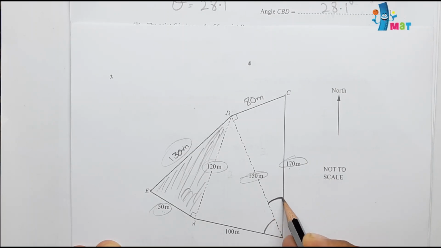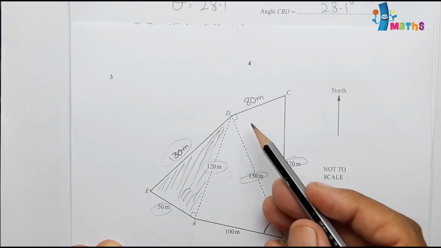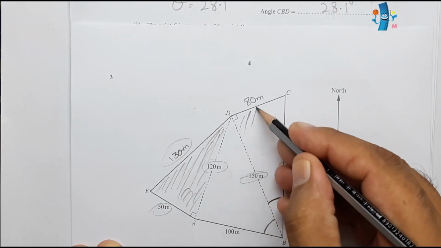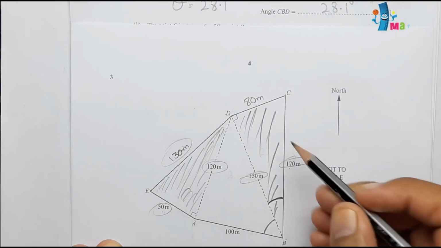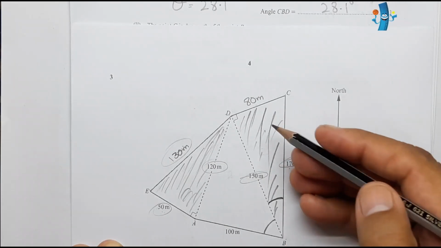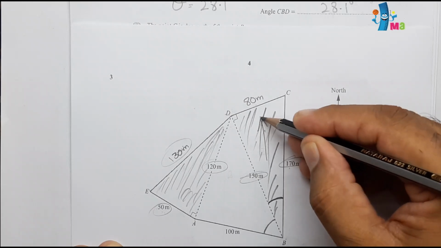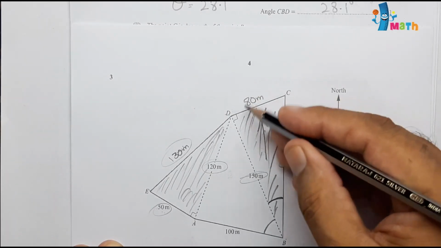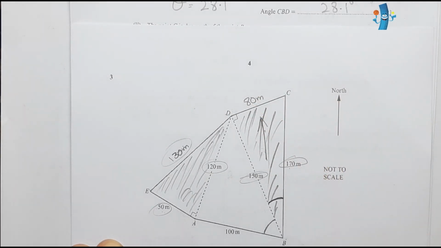To calculate this angle, this is a right angle triangle, so we can use sine, cos, tangent. So this is opposite of this angle. Opposite over hypotenuse will be sine theta.